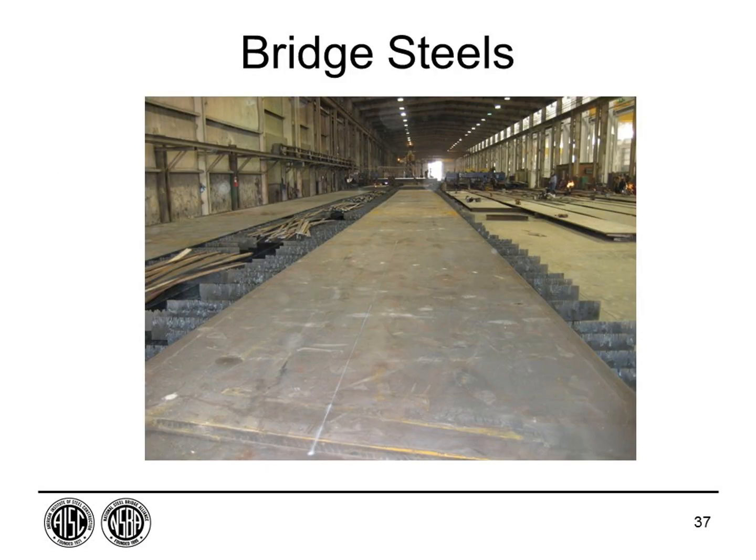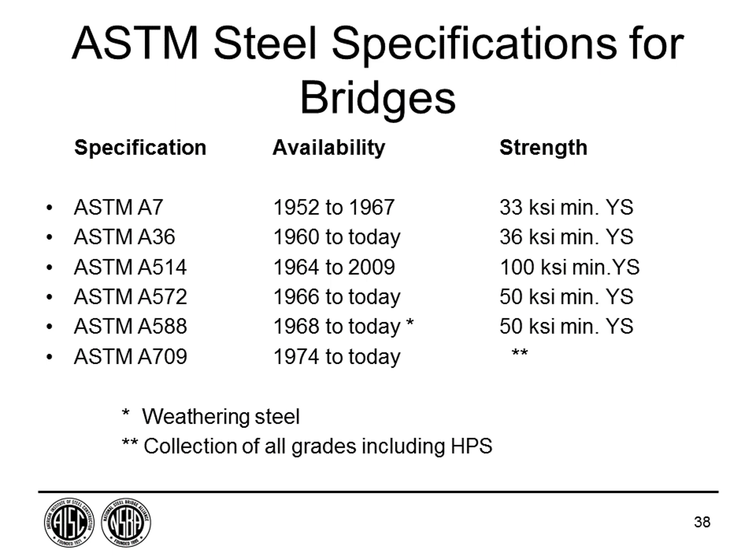Now let's look at just what we have in terms of the bridge steels. We sort of covered the metallurgy of it, and this is what the plate looks like when it comes in. This part over here is where it's been trimmed off because we square up the plate from the rolled edges. The specifications that we've had for bridge steels are summarized here.